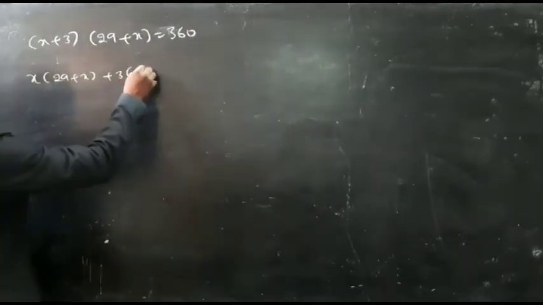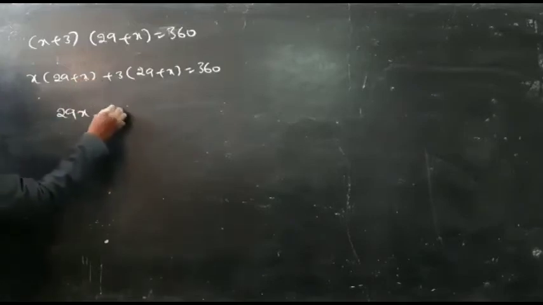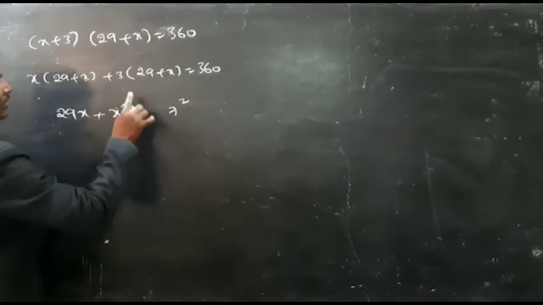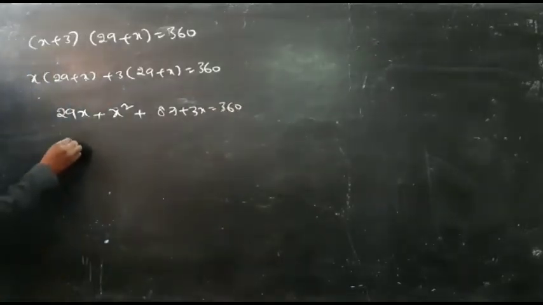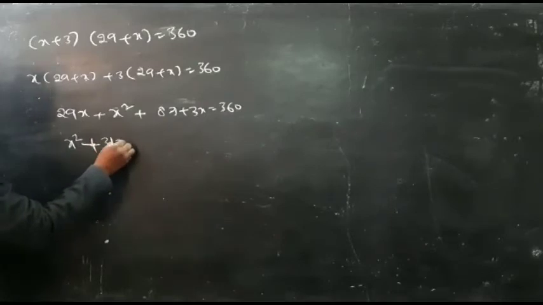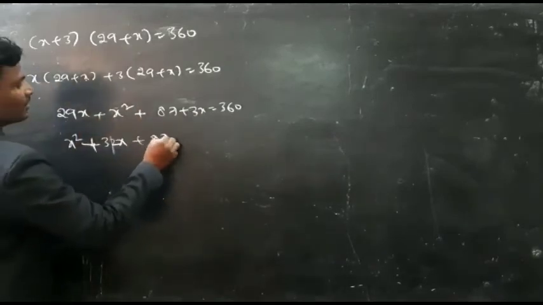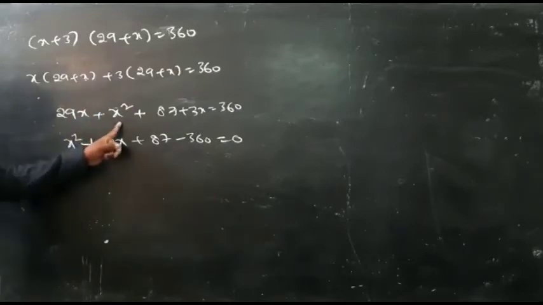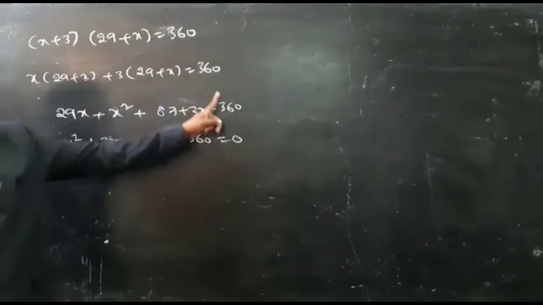So it is x into (29 plus x) plus 3 into (29 plus x) is equal to 360. 29 into x is 29x, x into x is x square, 3 nines are 27, 3 twos are 6 plus 2 is 8, so 87, plus 3 into x is 3x, is equal to 360.